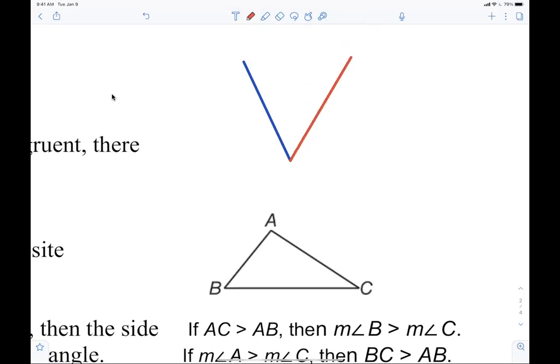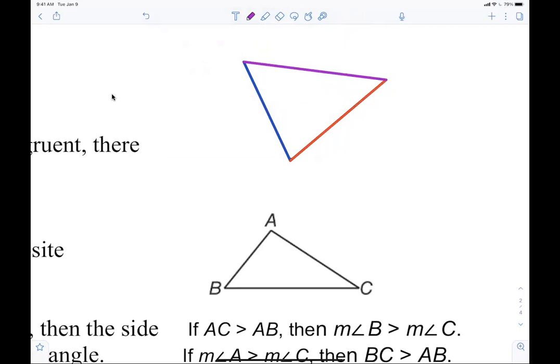Here, as I'm going this direction, does everybody agree with me? As I open the angle, what side is changing? This is changing. Right? The wider I open the angle, the greater the opposite side.